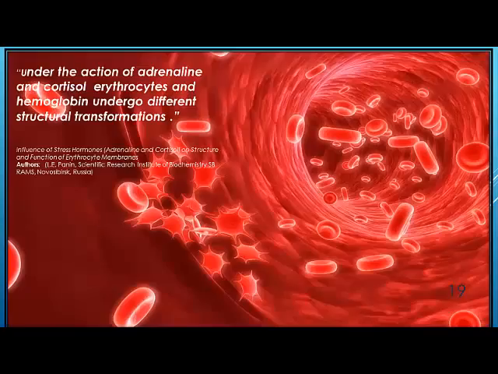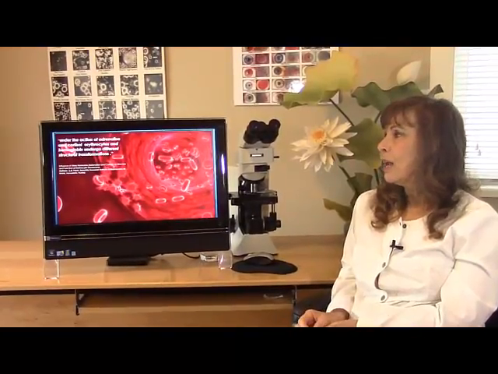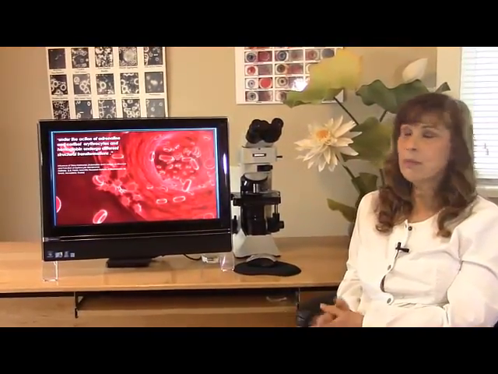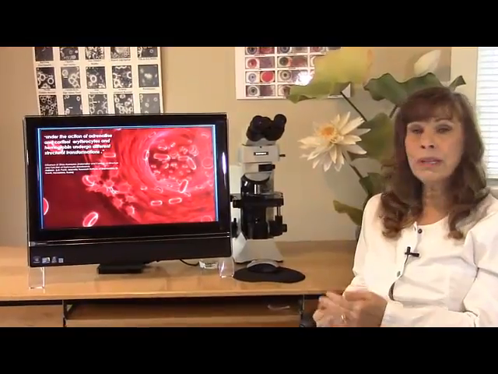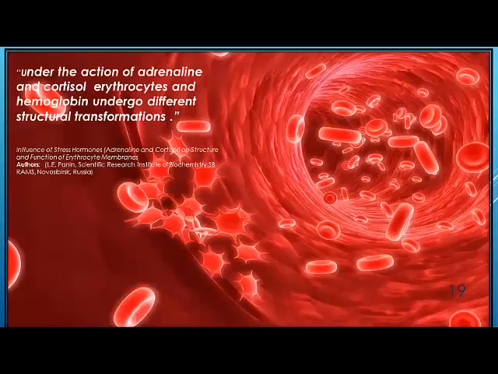In 2013, L.E. Panin published a scientific paper for a university in Russia. And he says in this paper that under the action of adrenaline and cortisol, erythrocytes, which are red blood cells, and the hemoglobin that they carry undergo different structural transformations.